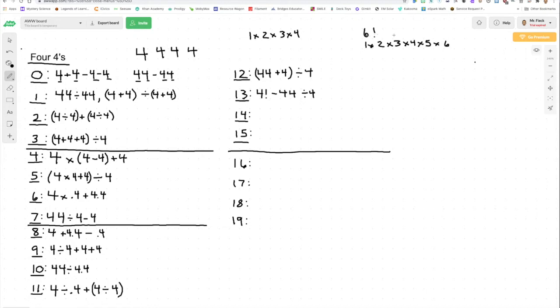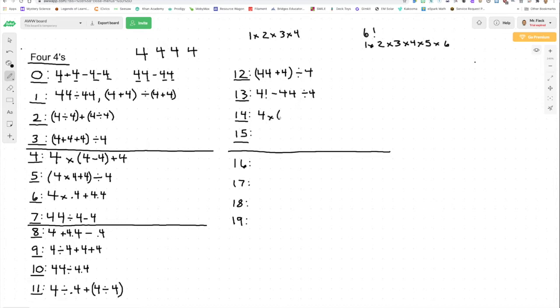So 6 exclamation would be 720, but we're just worried about 4 exclamation because it's another 4 that we can use.